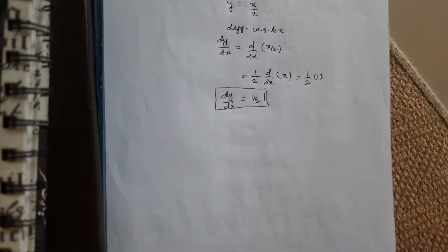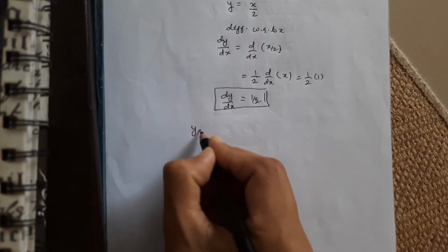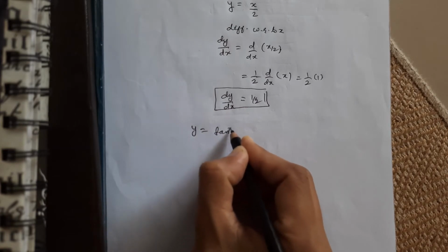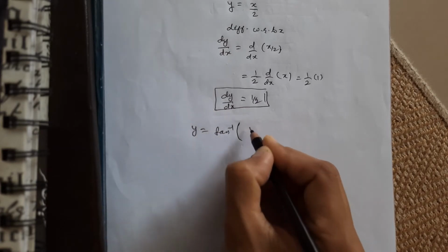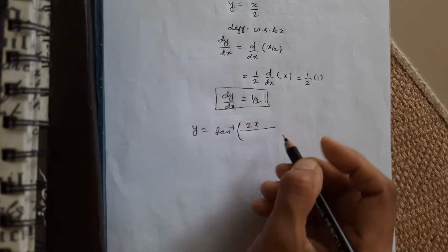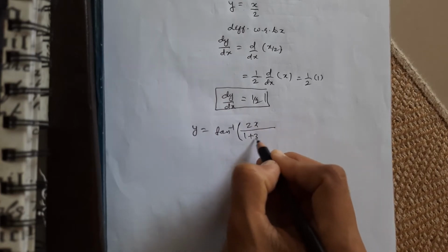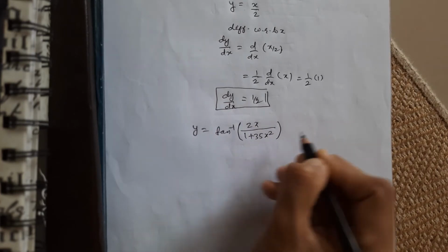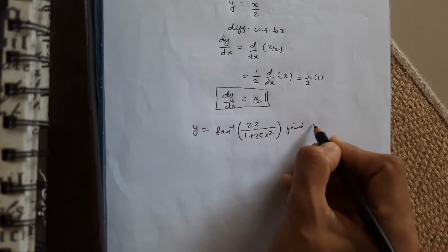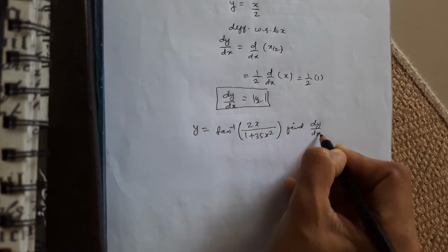So the example that I am taking is y equals tan inverse of 2x upon 1 plus 35x square. Find dy by dx.